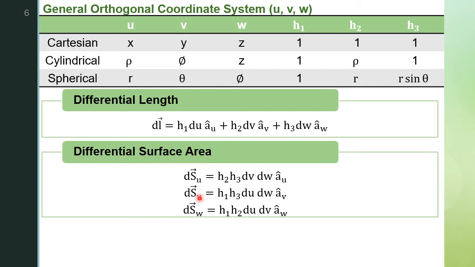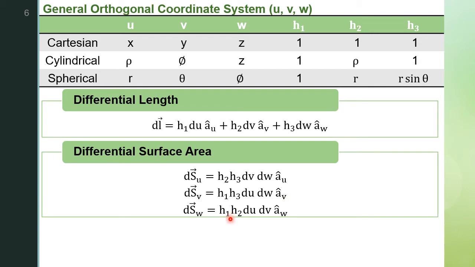Now if you want to find the area in U, V and W direction. If you want to find the area along U direction, you will multiply H2, H3 with dV, dW and the area vector will be in the U direction. If you want to find the area in the V direction, we will multiply the things related to U and W. So it is dU, dW, H1, H3 and the area will be in V direction.